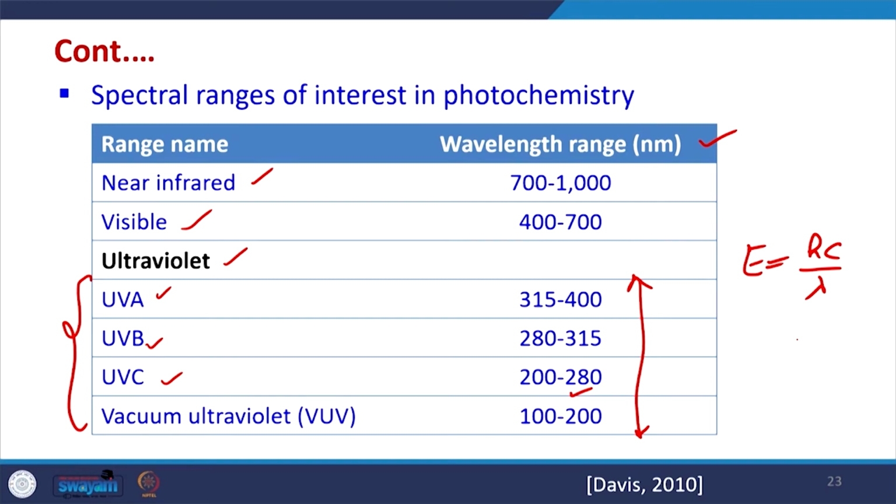Depending upon the type of pathogens and the intensity generated, the energy will also be different, and it will be able to destroy different types of pathogens, whether they are bacteria, viruses or anything else.